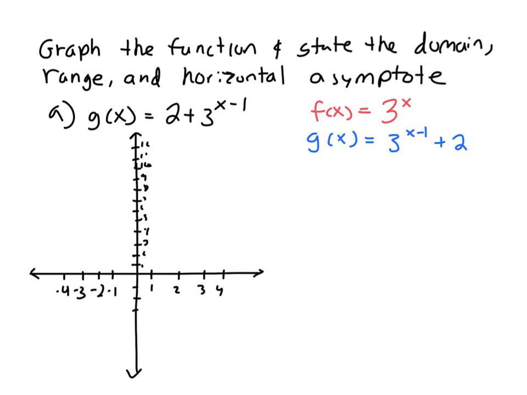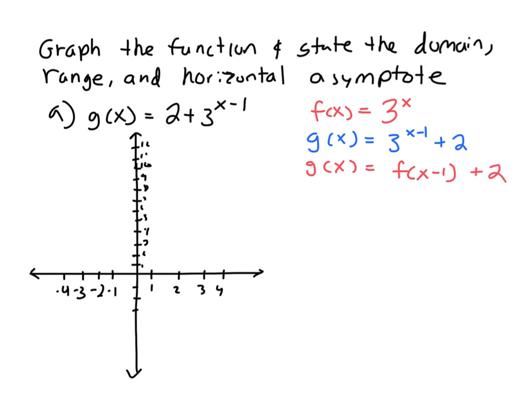Okay, so now let's write g with regards to f. So g of x is, well, let's see, I would have f of x minus 1, right? If you were to plug in x minus 1 into f of x, you would have 3 to the x minus 1, and then I have a plus 2 on the end.